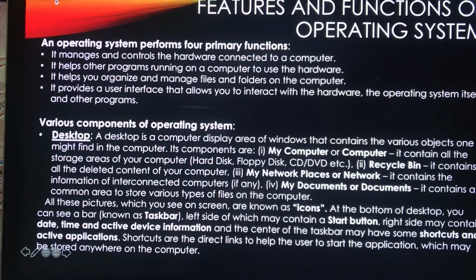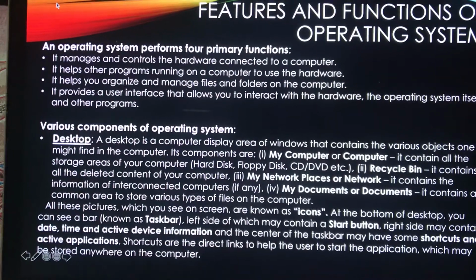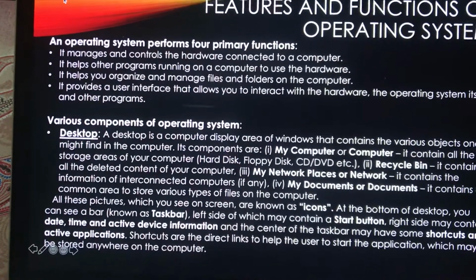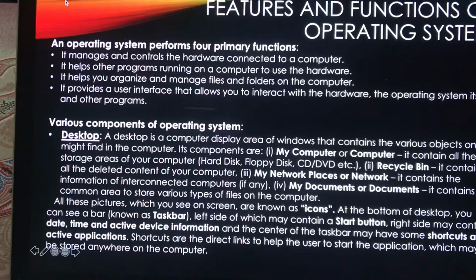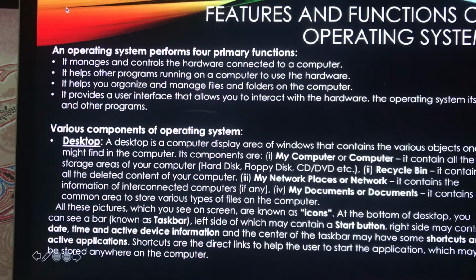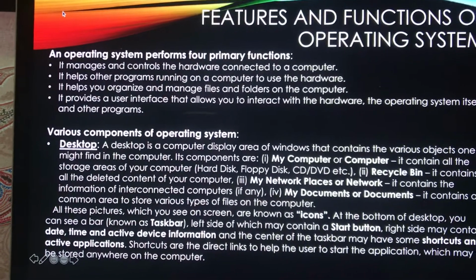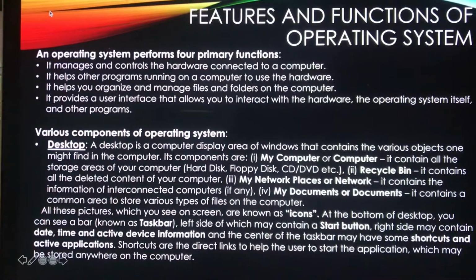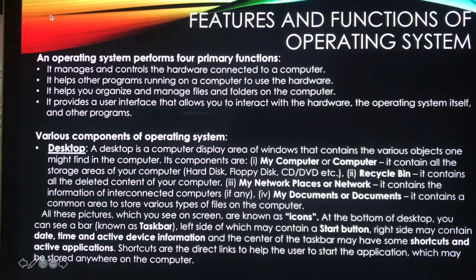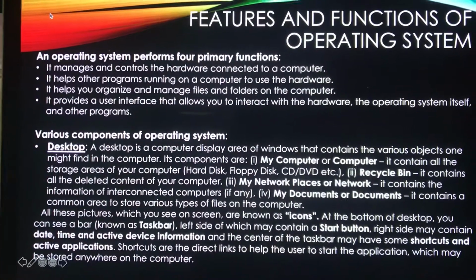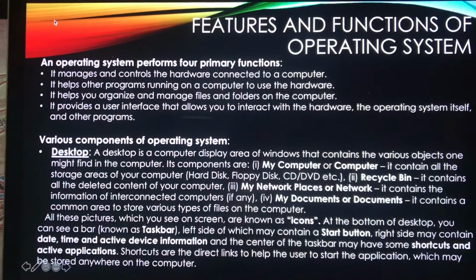The center of the taskbar may have some shortcuts and the active applications that are open. Shortcuts are direct links to help the user start an application quickly. No need to go to the start button and search for the particular program. You can directly go to the shortcut, click it and open it.